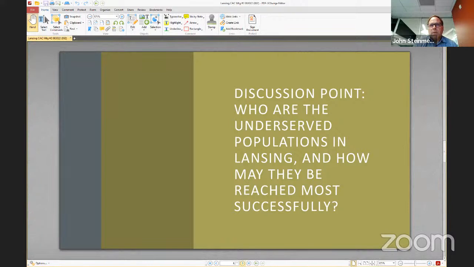So, is there certain geographic areas of the town that are hard to get people to engage, or is it types of people in the town that are hard to engage? We want to make sure we're successful in reaching out to the broadest geography and the broadest socioeconomic cross-section we can.